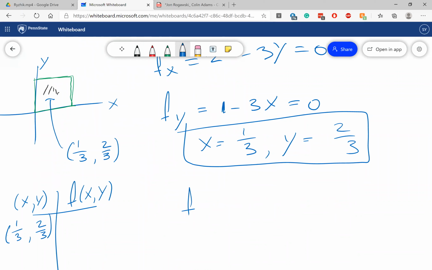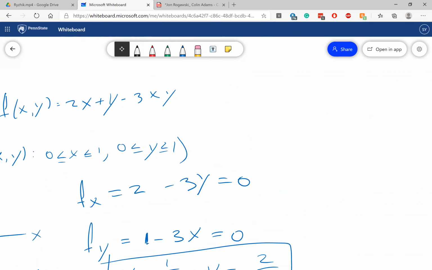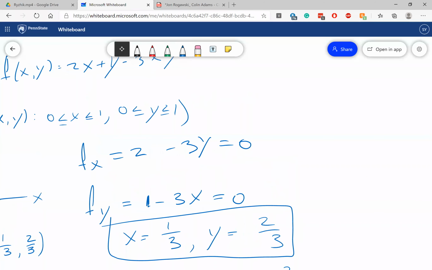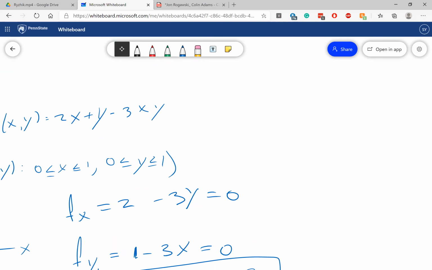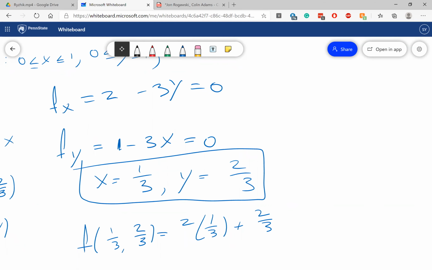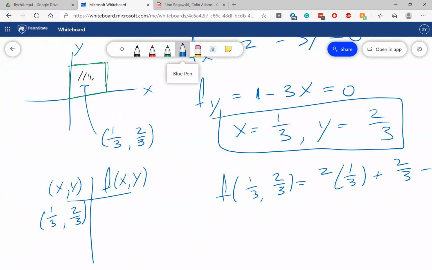And f of 1/3, 2/3 is going to be equal to 2 times 1/3 plus 2/3 minus 1 times 2/3 minus 2/3, which is equal to 2/3. So the value over here is 2/3.